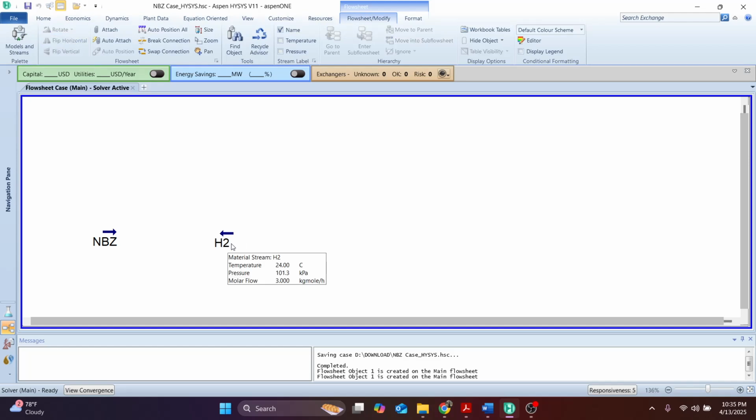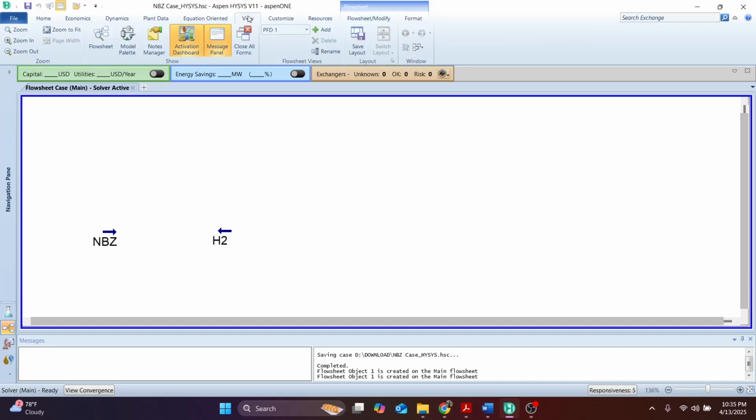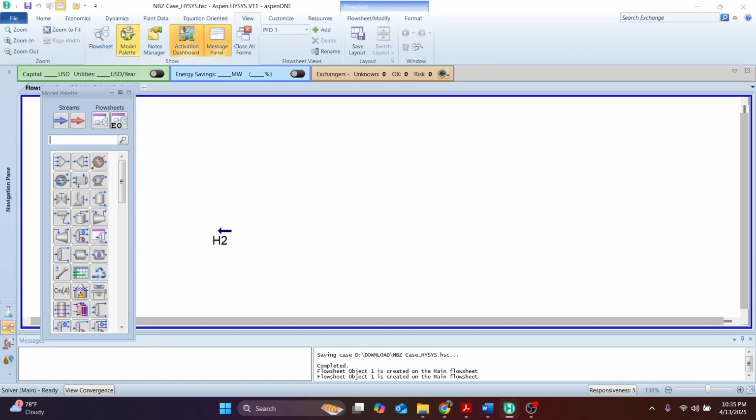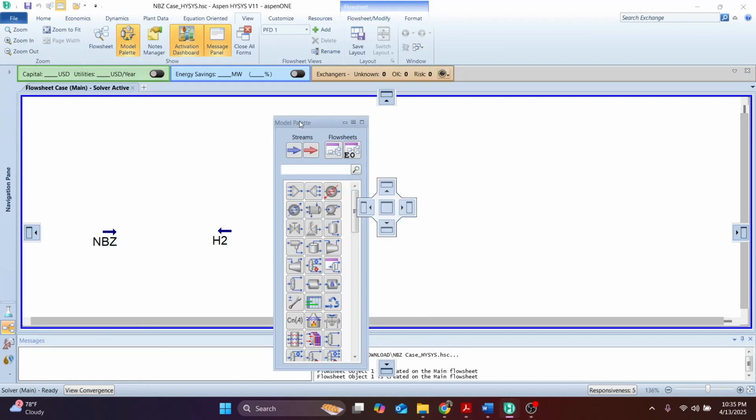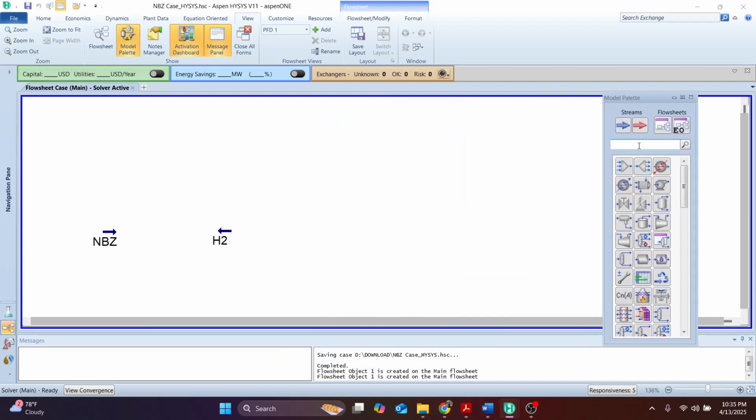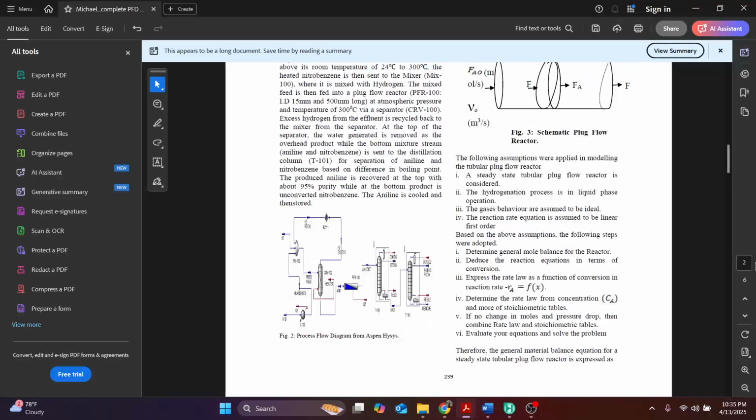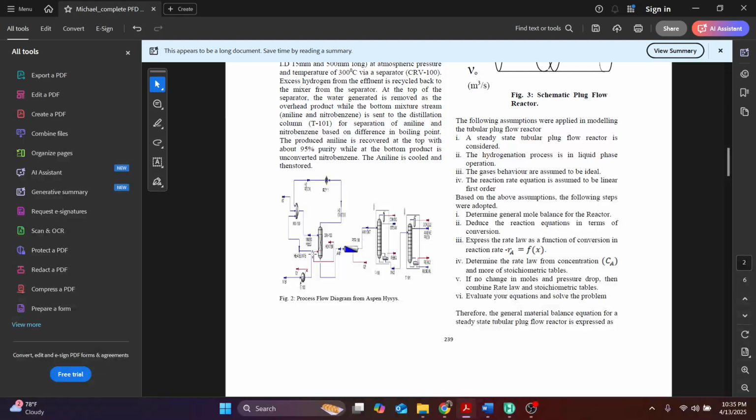Just like this. Now that we have defined the material stream, let's put in some things relating to the whole simulation. So we know from the reference that we need to heat up everything to 300 degrees Celsius, but if you see in the simulation, the author put a preheating on the nitrobenzene. So they do not directly heat everything up to 300 degrees, but there's a preheating here.